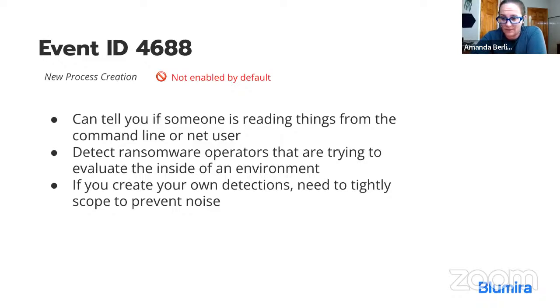And that's all found in those two event IDs. Honestly, if you talk to any attacker or pen tester, that's one of the first things that they do when they get a command line on a box, right? They do net user, they want to see who's logged in. You can do net domain admins and see who's a member of the domain admin group. There's a bunch of different things that you can do that's also seen in those kind of attacks.